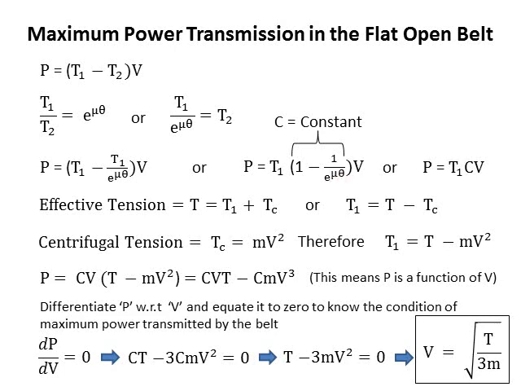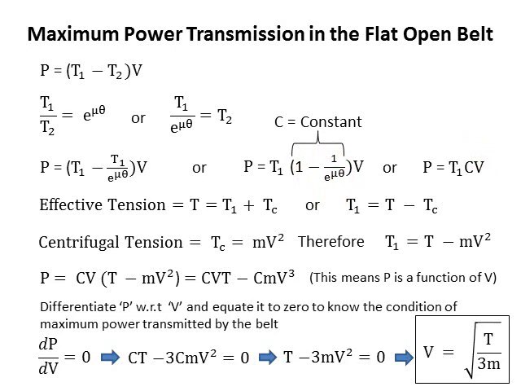The wrap angle will never change, it is constant. So this whole term is constant. We are just denoting this whole constant term as C, so that the equation becomes much simplified: P is equal to T1 into C into v.